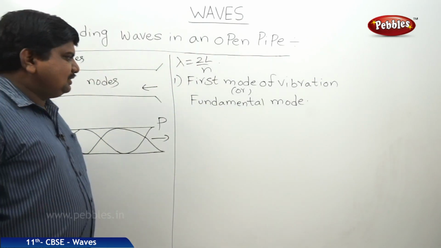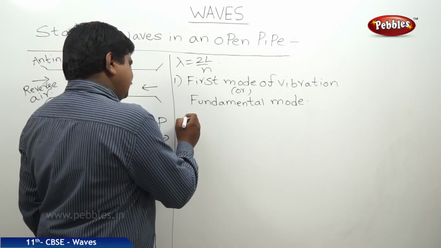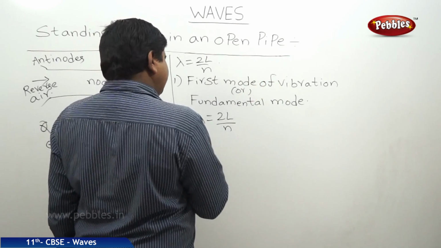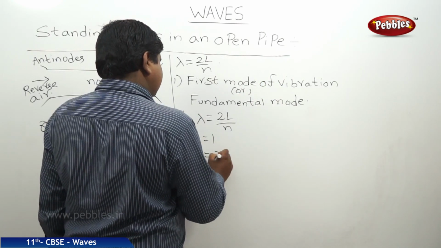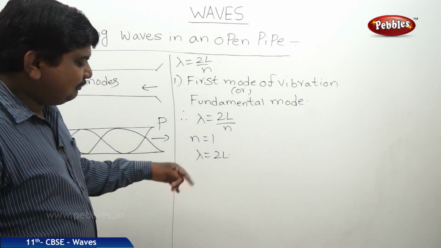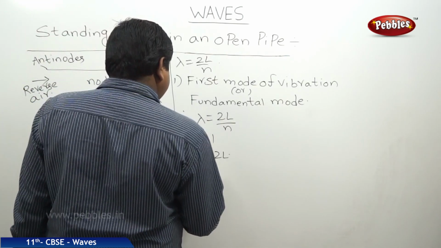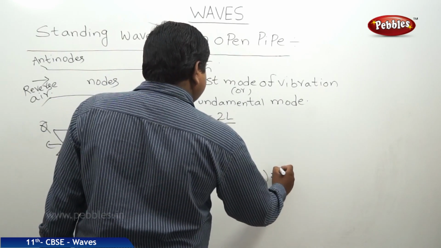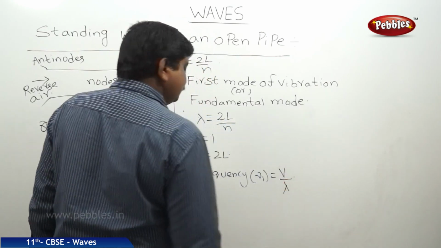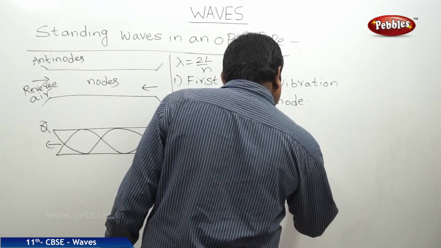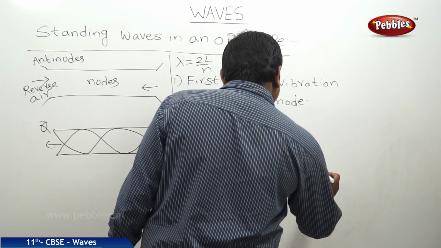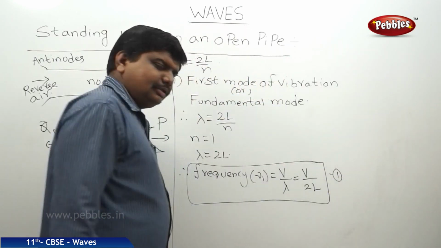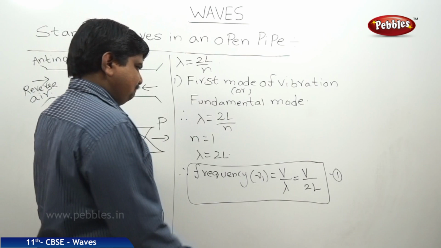Fundamental mode means the fundamental frequency is associated with it. Therefore, lambda is equal to 2L by n. So, the first mode means n is equal to 1. Therefore, lambda is equal to 2L. If lambda is equal to 2L, frequency nu1 is equal to V by lambda. Therefore, it is V by 2L. This is the fundamental frequency.